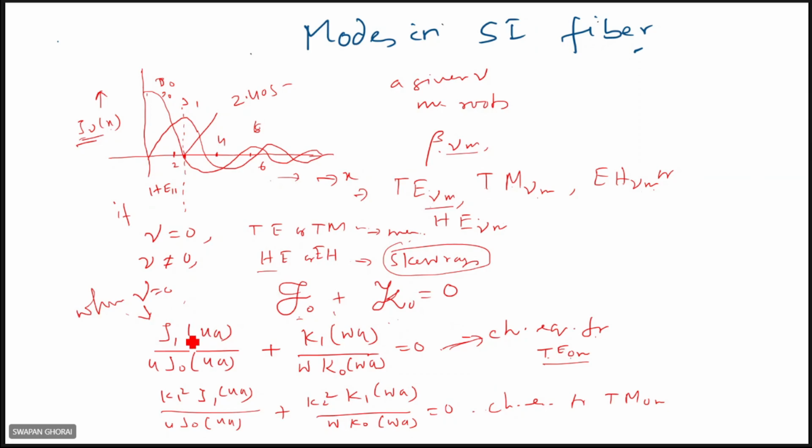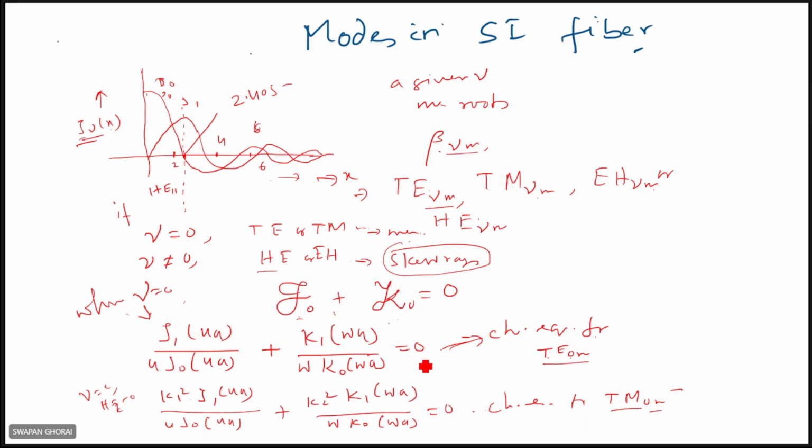Similarly here, nu equals 0 as well as Hz equals 0. Then you get these equations. When Hz equals 0, you get the transverse magnetic waves, so the modes will be labeled as TM0m modes. So these are the two important characteristic equations for the two classes of modes, TE0m modes and TM0m modes.